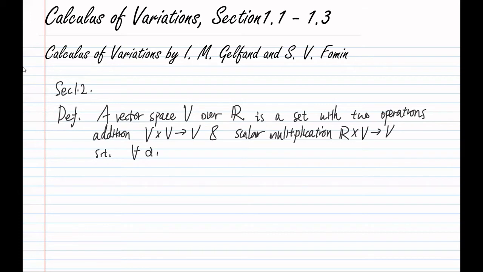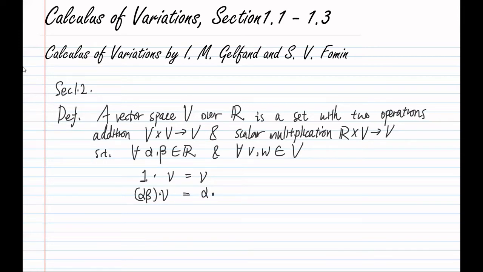for any alpha, beta inside R and any v and w inside V, we have the following. First is that the identity times any vector would be itself. And the second is basically associativity of scalar multiplication, basically saying that alpha times beta times v is going to equal alpha times beta times v.